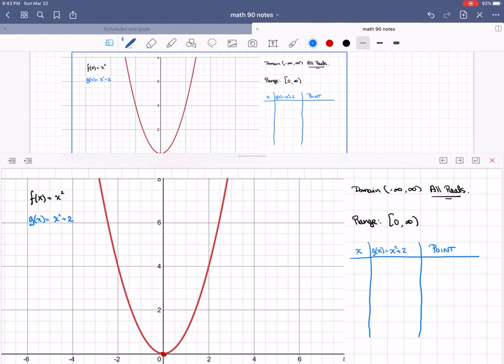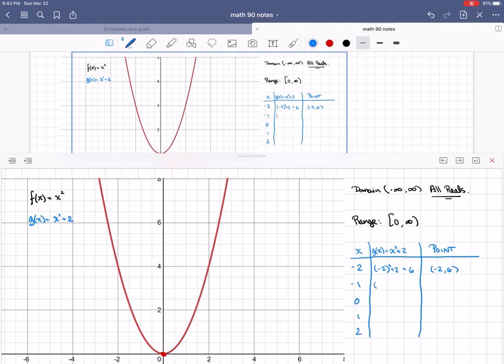You can pick any values of x that you like. So maybe we can do a couple negative ones, a couple 0, and a couple positive ones. All right, so let's see what we have. So if x is -2, we have -2 squared plus 2, which is 4 plus 2, which is 6. So the point there is the point -2, 6.